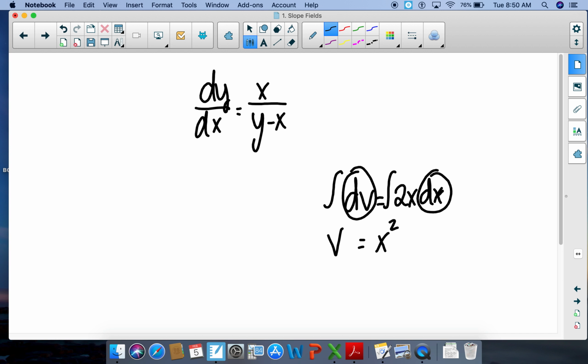Everybody agree? So with this knowledge, how would I get back to my original? I know I'm going to have to integrate because this is a derivative. How would I go about starting to separate everything?